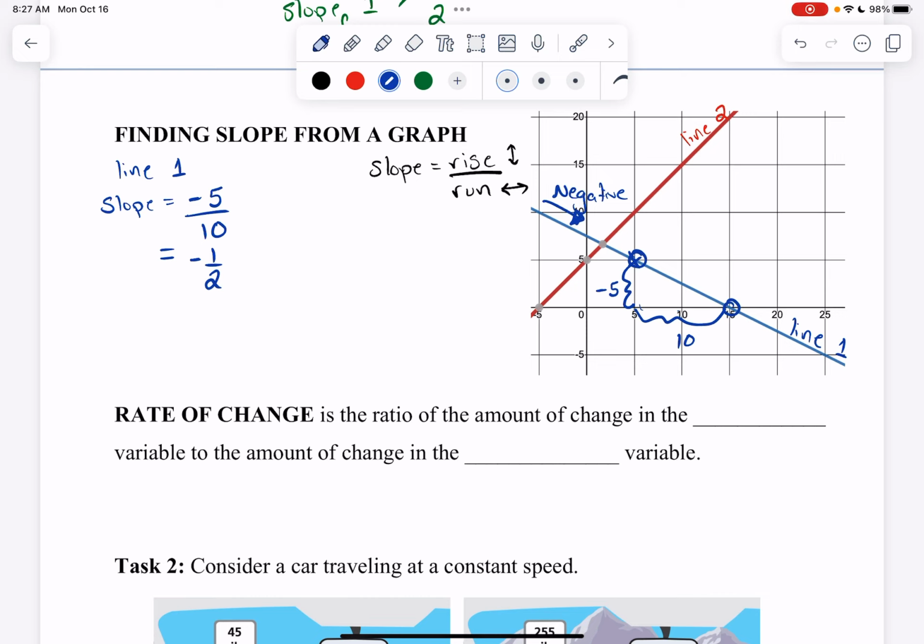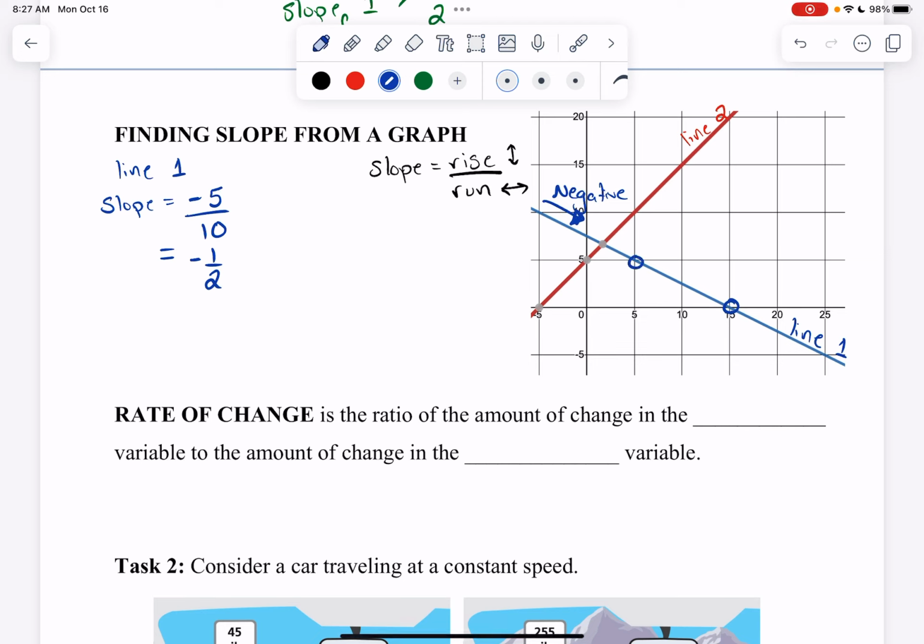Okay, I went rise, down, run over 10. Now, if I would have done it the other way around, so that was me going down first and then over. Let's say I did it the other way around. Sorry, let me just erase. Let's erase this stuff. And instead, let's say I went the other way around. Let's say I started here at 15 and I went over here to 5.